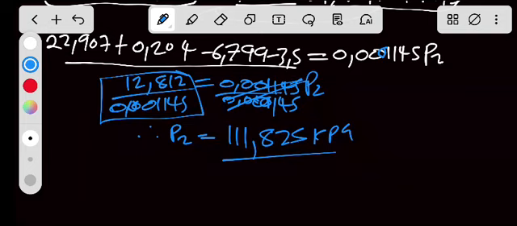So that is what we'll have there. That is the P2. All right.